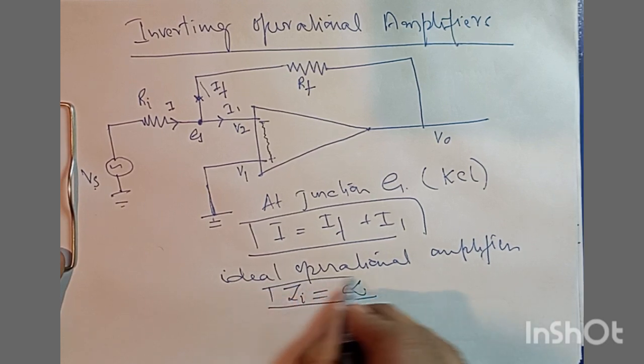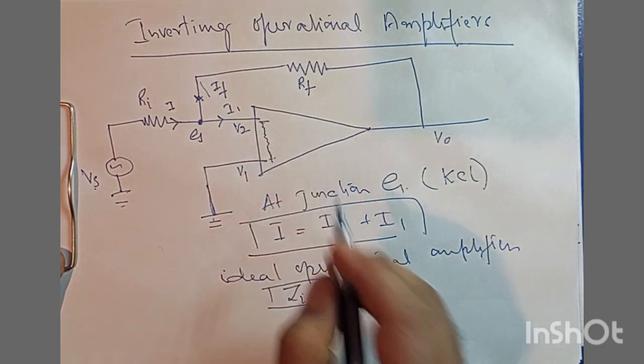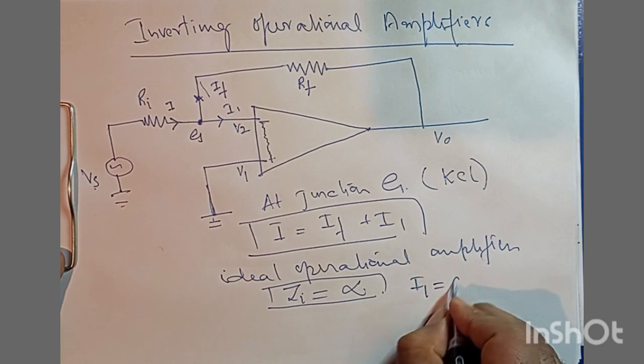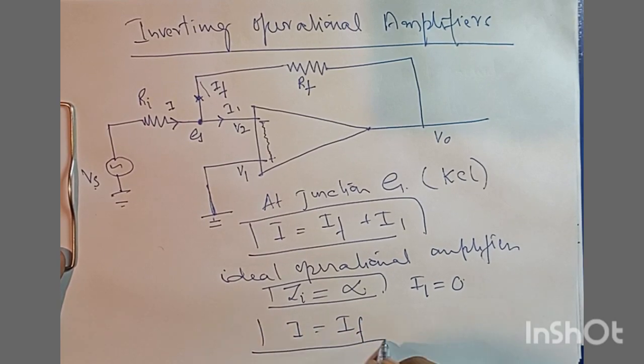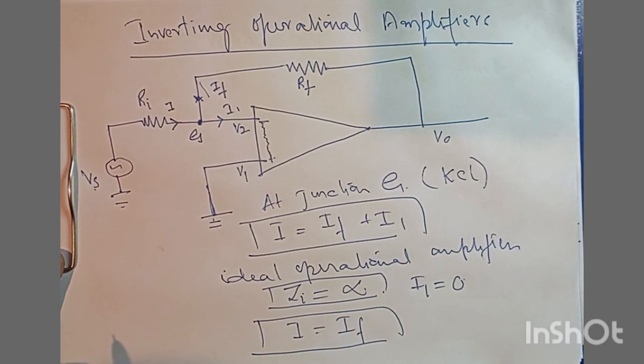If that's infinite, then the current that can pass between these two terminals, I1, is equal to 0. So if that's the case, we have I equal to IF. Now let's write down this equation in terms of voltages and currents.